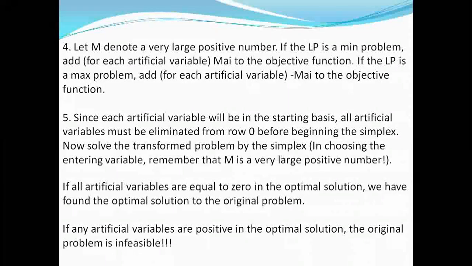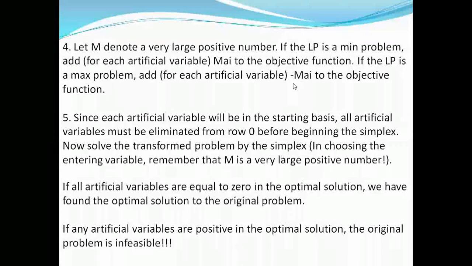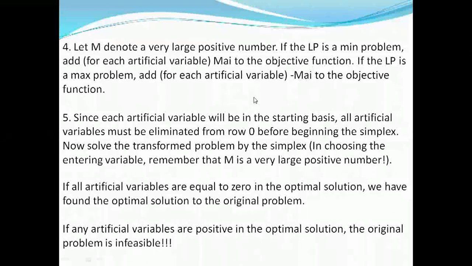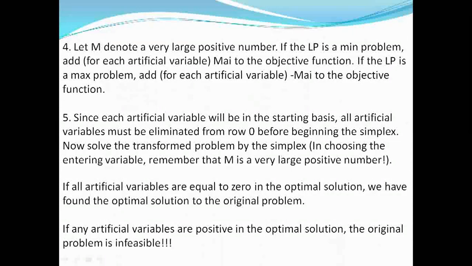Definitely there is no doubt. And next, if negative values have been obtained, we will add a negative sign to the multiplication of this large positive number with the artificial variable, right? And hence the objective function will be assigned to us.